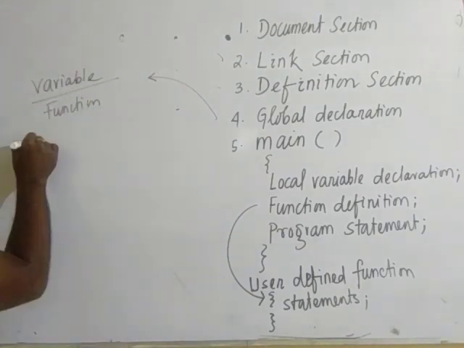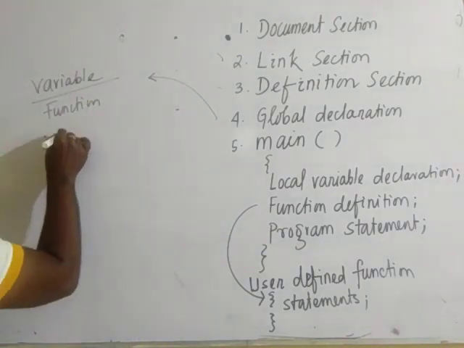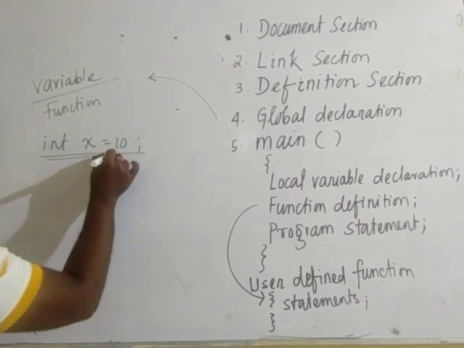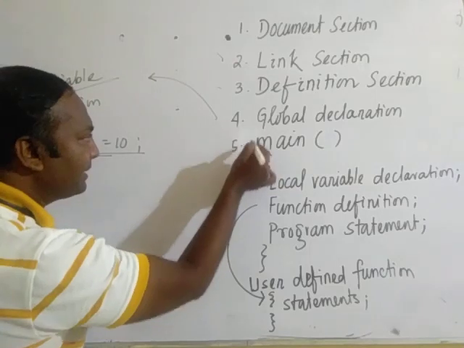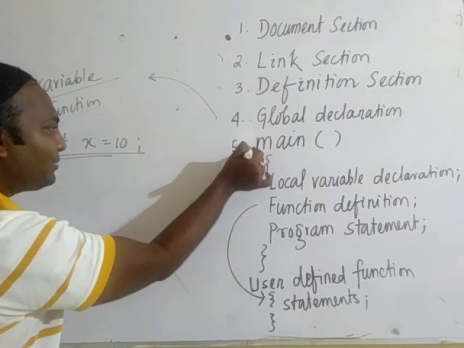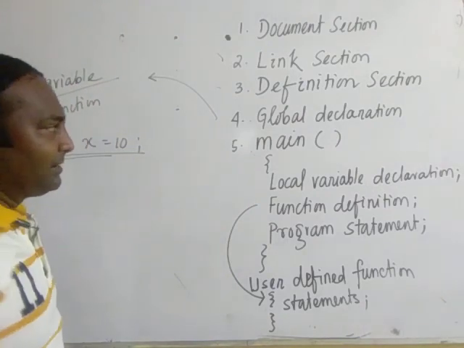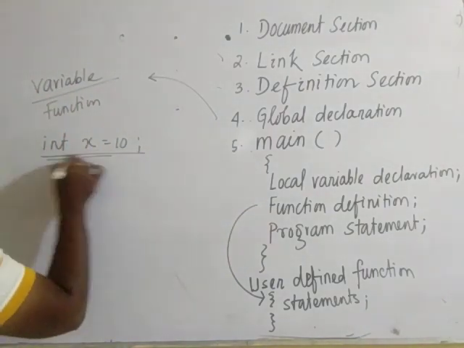So for example, I define int x is equal to 10. This is a global declaration which is outside the main function. The global variable declaration is outside the main function. Inside the main function, that is known as local variable declaration.